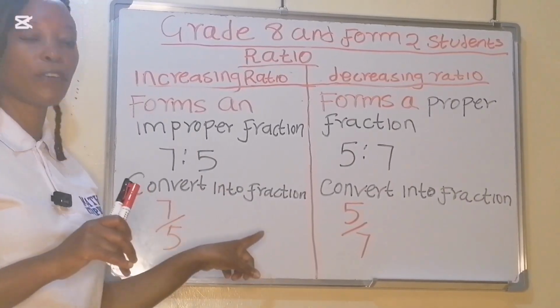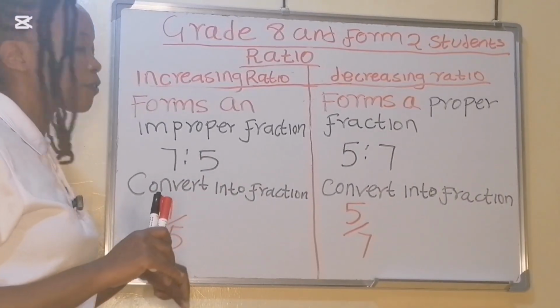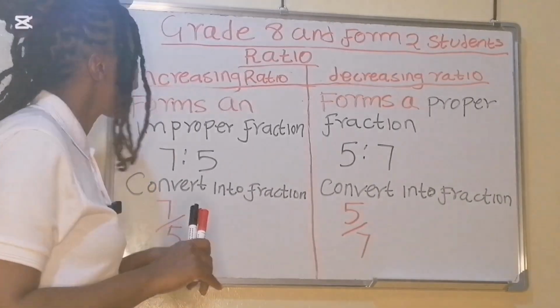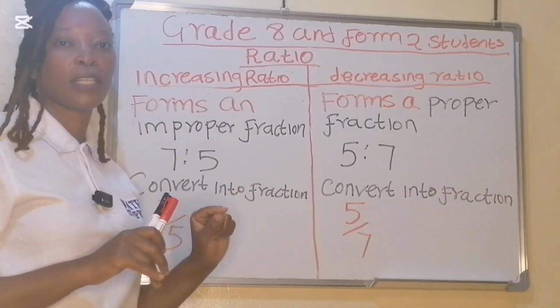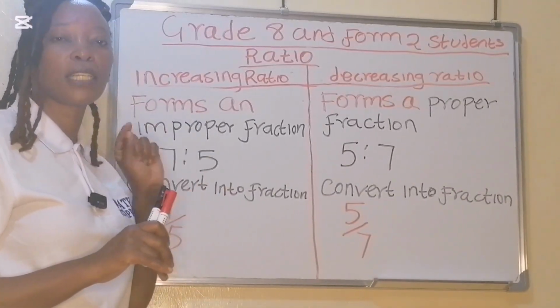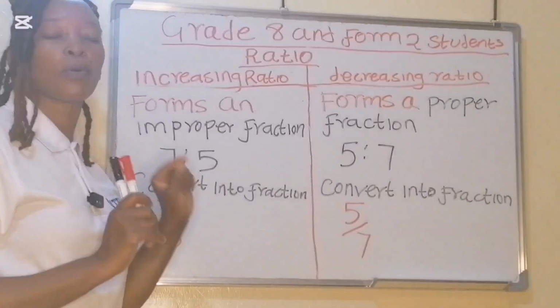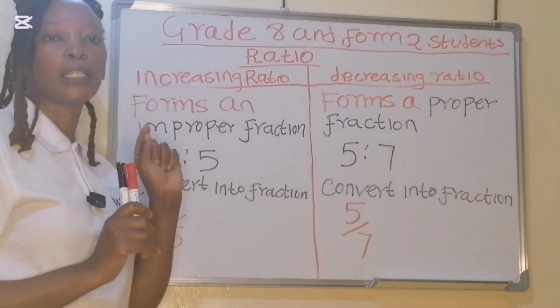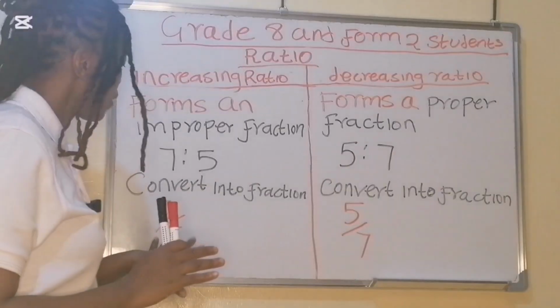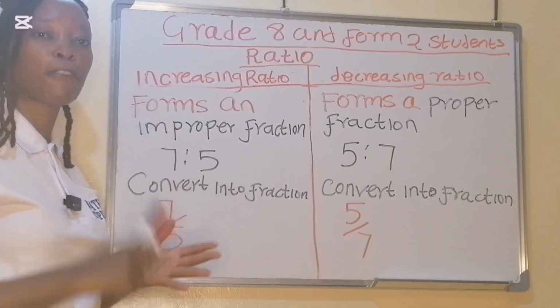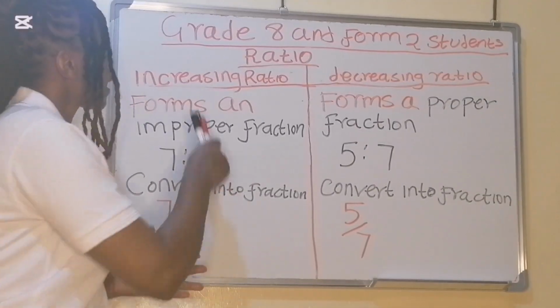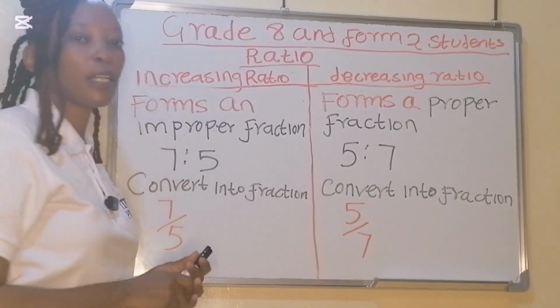We convert it into a fraction, we get 7/5. This is an improper fraction. I know every student in Grade 8 and Form 2 knows what an improper fraction and a proper fraction are. 7/5 is an improper fraction. So it is an increasing ratio.